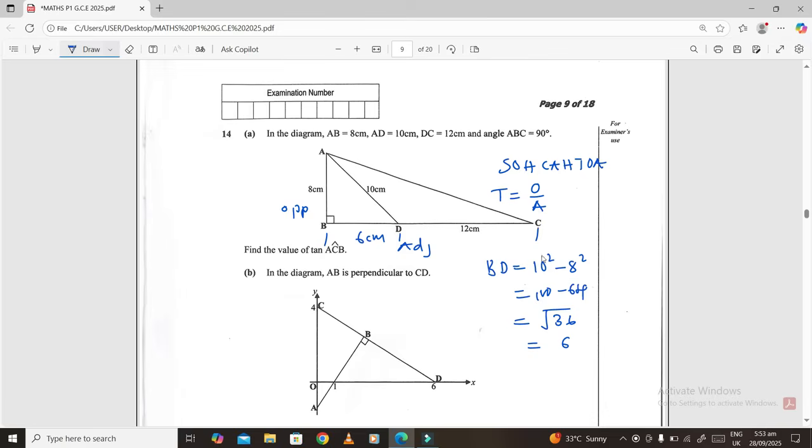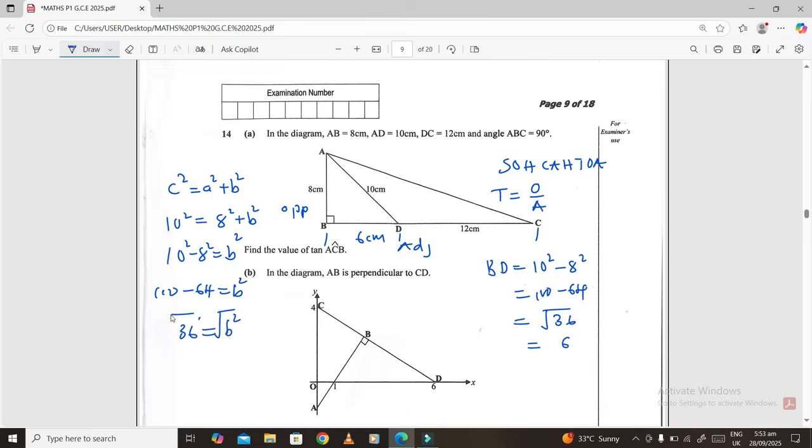So what have I just done here? I've just used the Pythagoras theorem. Our C was 10 squared, which is equal to our A, 8 squared, plus B squared. So 10 squared minus 8 squared is equal to B squared. 100 minus 64 is equal to B squared. 36 is equal to B squared.